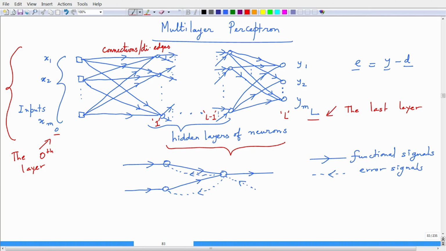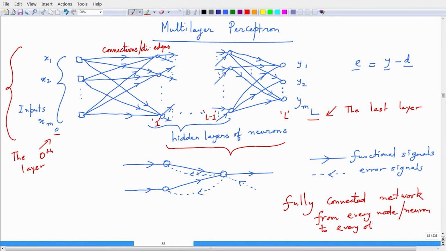Now, if we think through, we can have connections from every node to every other node, right. In the most general form, we can have a fully connected network, that is, a fully connected network has connections from every node or neuron to every other node or neuron.